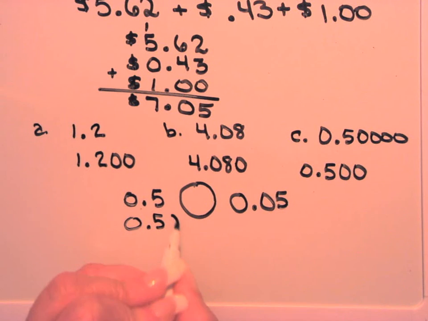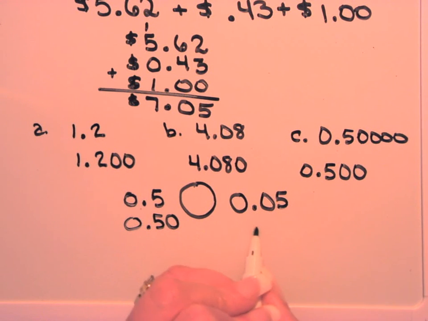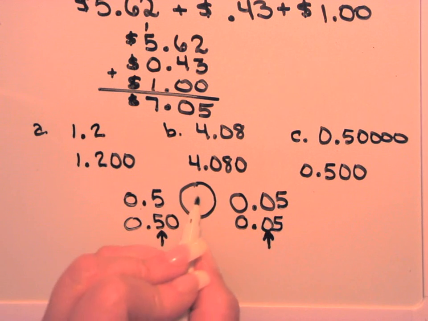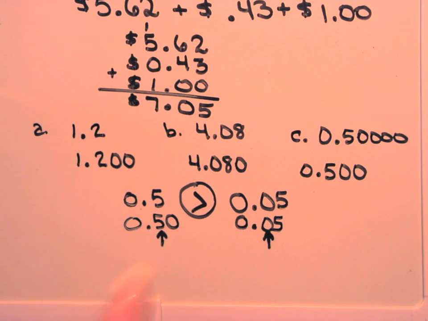So we can add a 0 here, and then over here I leave this the same. Well, my number after the decimal point here is 5. The number after the decimal point here is 0. 0 is less than 5, so this number has to be greater than that number over there.